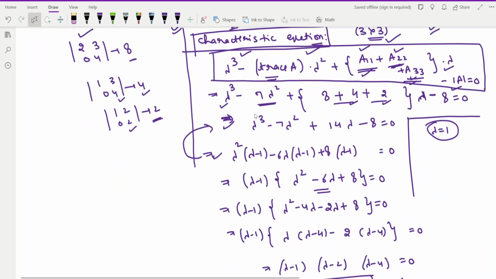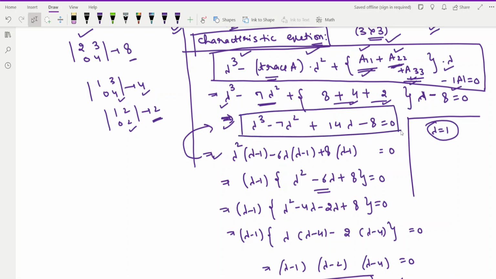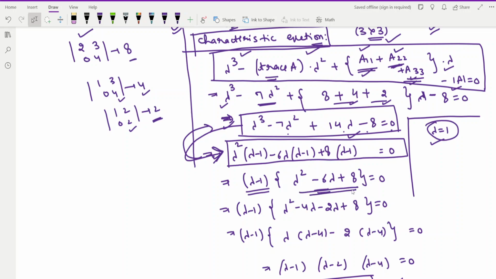Thereafter I have simplified this equation and obtained lambda cube minus 7 lambda square plus 14 lambda minus 8 equal to 0. Then I tried to factorize this equation. As I know that lambda equal to 1 is one root of this equation, I have taken lambda minus 1 as a factor, and then this equation is obtained.